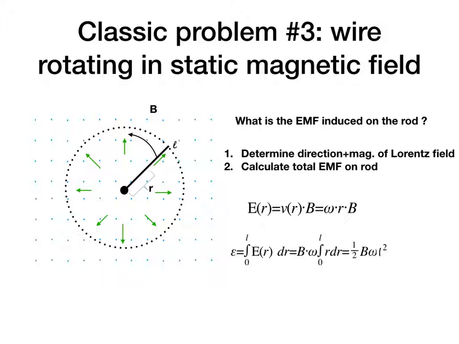Because the field is changing, we have to do a little integral, and the result of this integral is a square dependence on R. When you substitute the outer boundary, you get a half times B omega R squared.